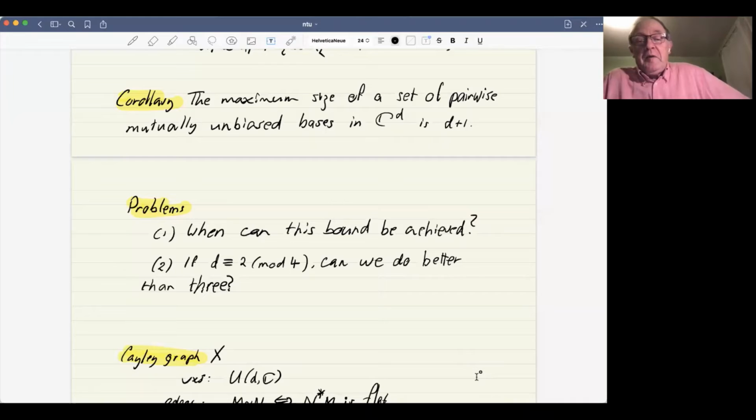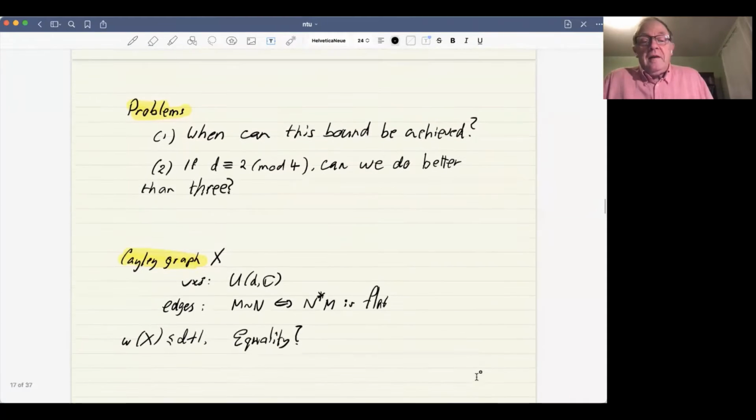Particularly in D equals 6, there are lots of ways of getting sets of 3, but no one has ever done any more. The physicists seem fairly confident you can't do better than 3. So there are 2 simple questions. They're simple to ask, I should say.